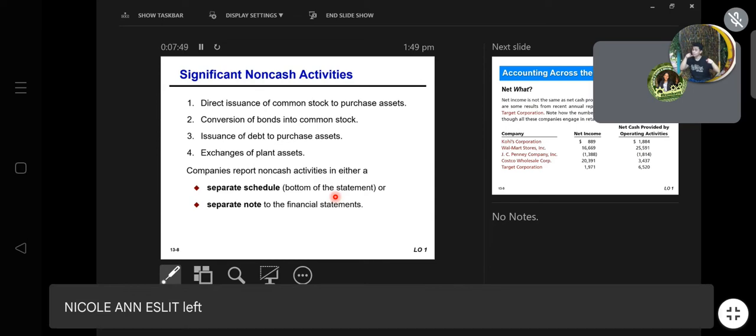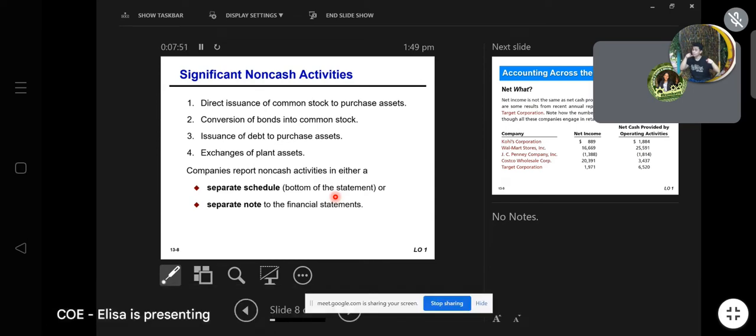And then conversion of bonds into common stock. Now, these are bonds, these are long term. Somehow there are bonds na pwede ni siya convertible to common stock. So meaning like ako I want to na ako extra money unya si San Miguel Corporation karon na baligya na siya bonds para gamiton niya sa iyang mga expansion sa business.